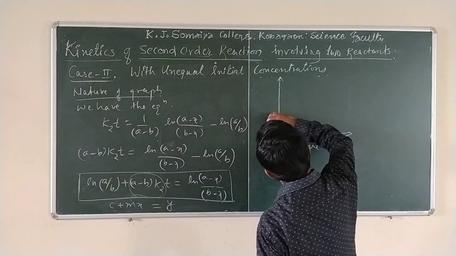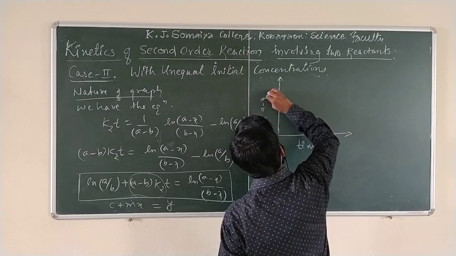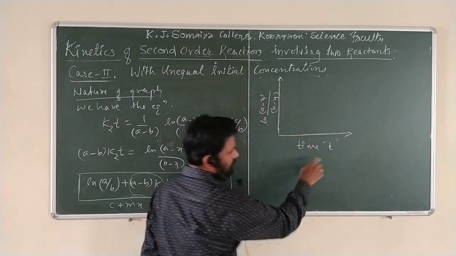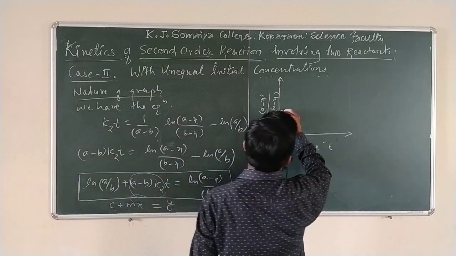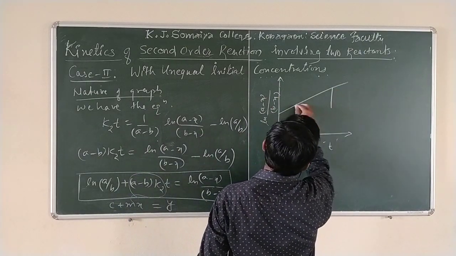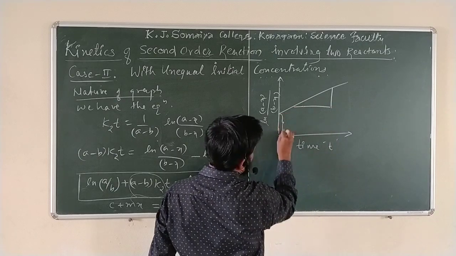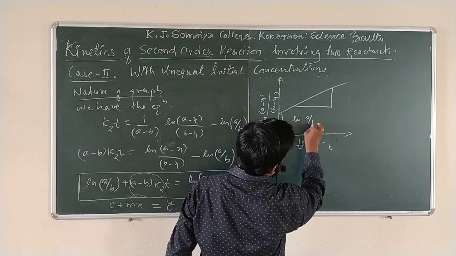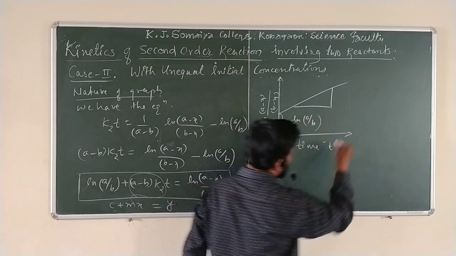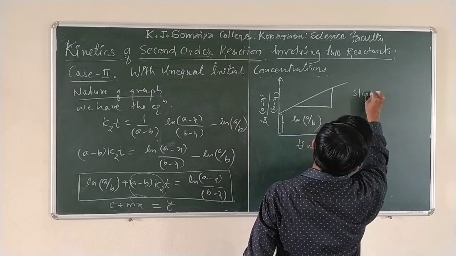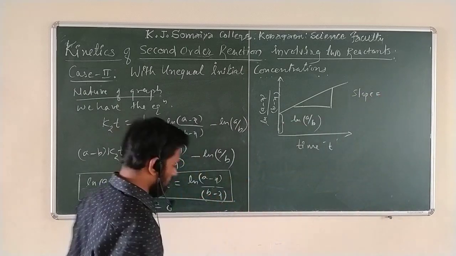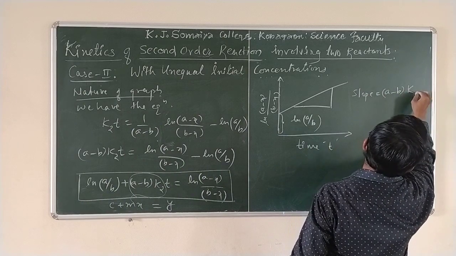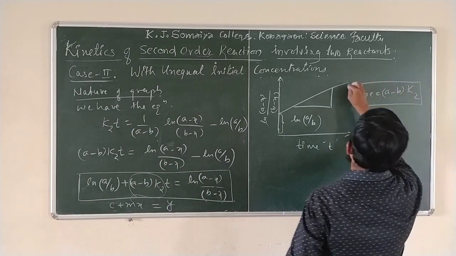So if I plot ln A minus x upon B minus x on the y axis and time on the x axis, you will get a positive slope, and you have a y intercept. What is this y intercept? ln A upon B. And what is the slope? Slope equals A minus B into K2. This is the slope.